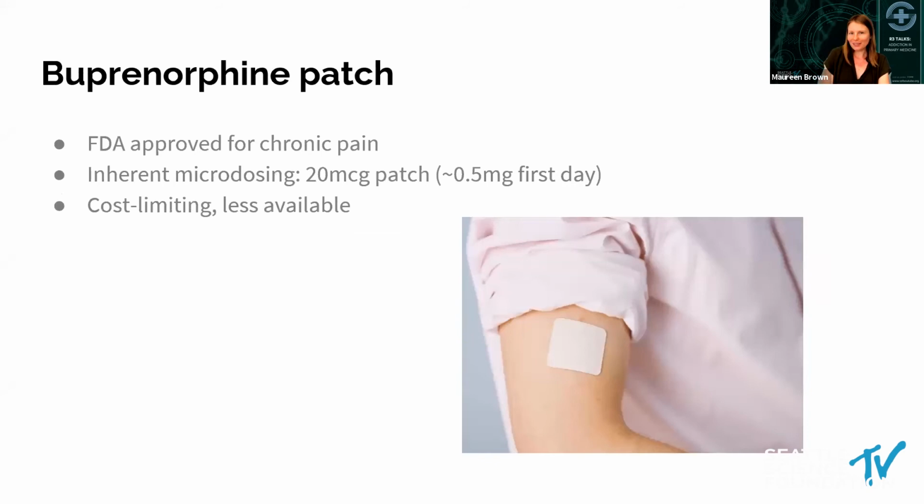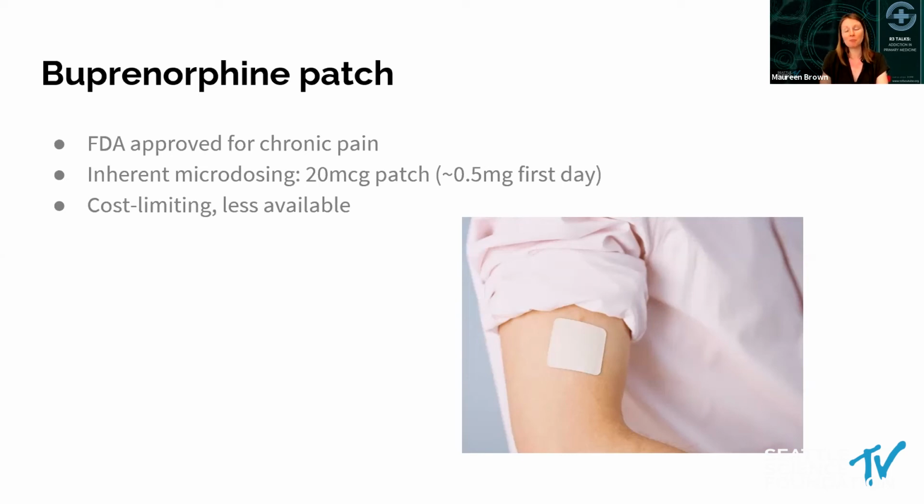There's also a very cool option: thinking about other alternate delivery forms of buprenorphine. We do have even easier ways to accomplish this microdosing concept, which come in the form of a buprenorphine patch. This is a therapy that is currently FDA approved for chronic pain, unfortunately not approved for opioid use disorder at the moment, but it's a beautiful setup in that the 20 microgram patch essentially releases about 0.5 milligrams over the first day, which as you remember is exactly the same dose that was recommended in our microdosing protocol.